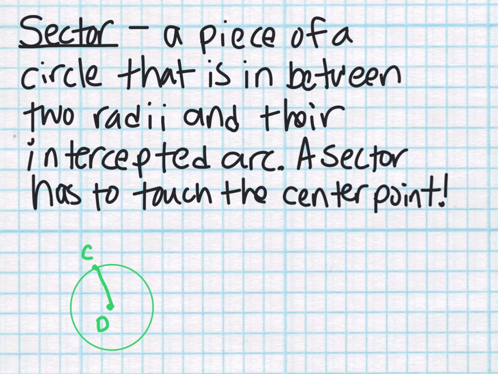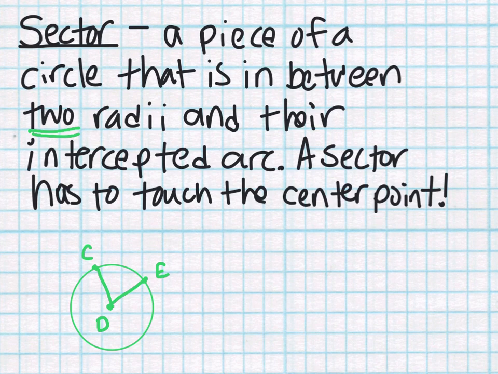So it says a sector is a piece of a circle that is in between two radii. So I gotta make another radius. Let's call this point E. So DE is another radius, and their intercepted arc.